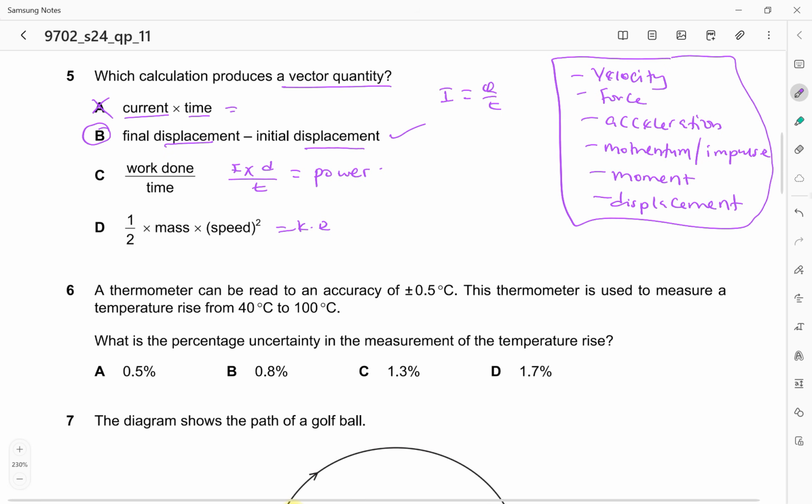A thermometer can read to an accuracy of plus or minus 0.5 degrees Celsius. The thermometer is used to measure a temperature rise from 40 degrees Celsius to 100 degrees Celsius. So the rise in temperature is 100 minus 40, which is equal to 60 degrees Celsius.